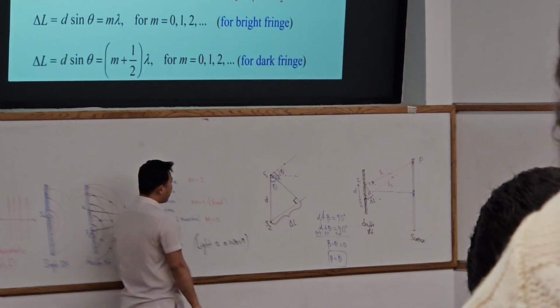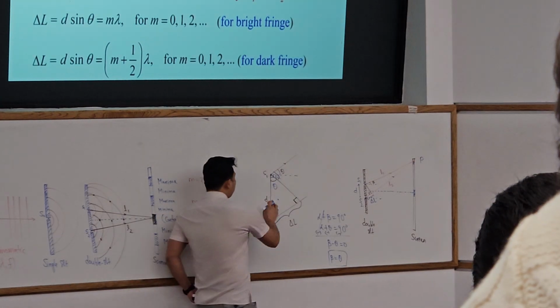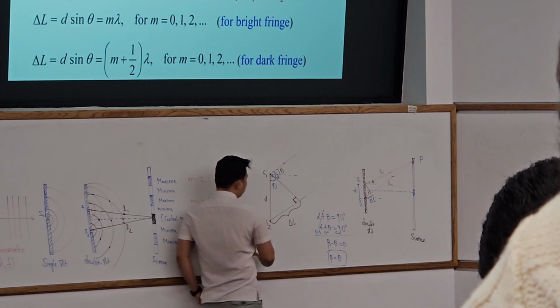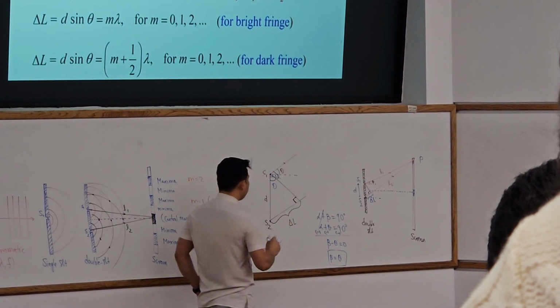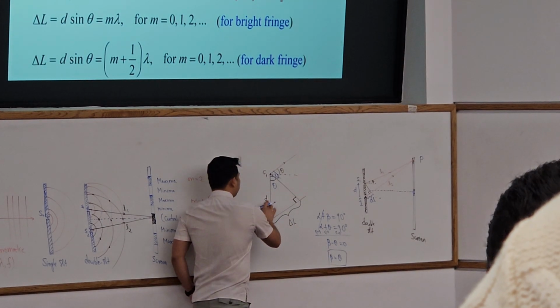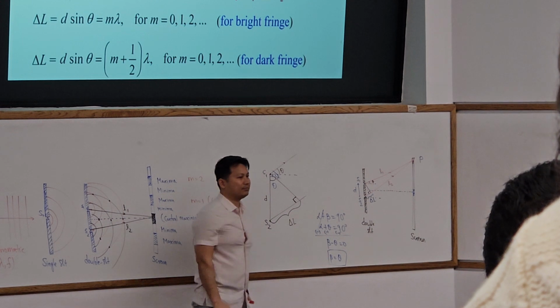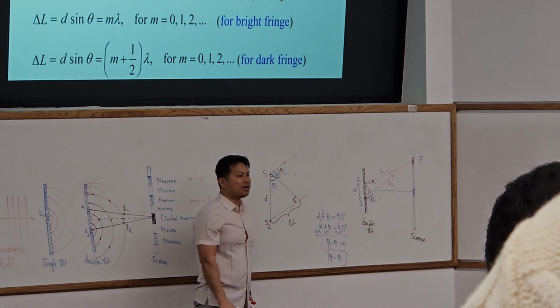Now you have a right angle triangle. One angle is theta, one is 90 degrees. This side of the triangle is delta L, and I want to figure out its value. I have been given another side as d.